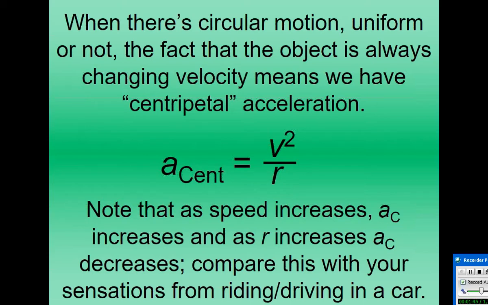And we can always calculate centripetal acceleration as being equal to v squared over r, where v is the speed, and r is the radius of the circle around which you're traveling. Notice that the centripetal acceleration increases with the speed v. In fact, it really increases with the speed v because it goes as v squared, but it decreases with r. As r goes up, the centripetal acceleration goes down.